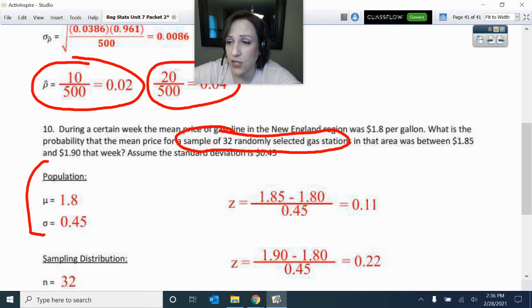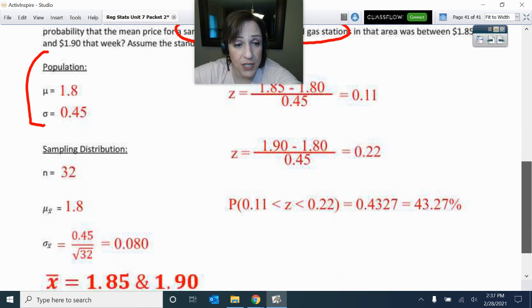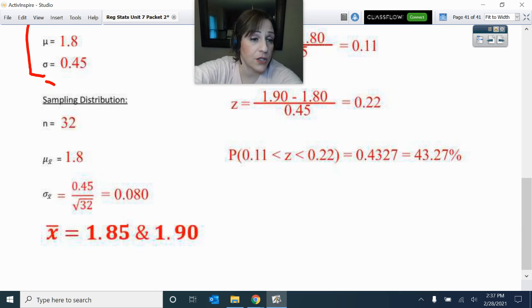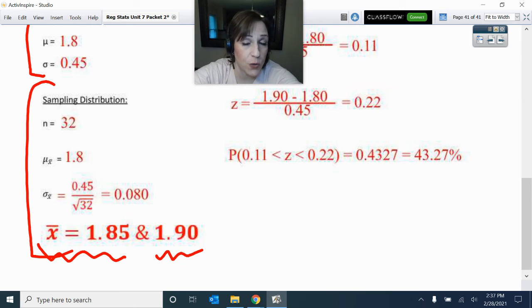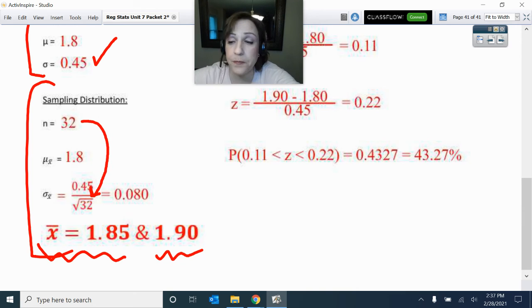But because our sample is greater than 30, we have the right to do samples. The question asks for a sample average between 1.85 and 1.9. Notice the new standard deviation was 0.45 divided by the square root of n.